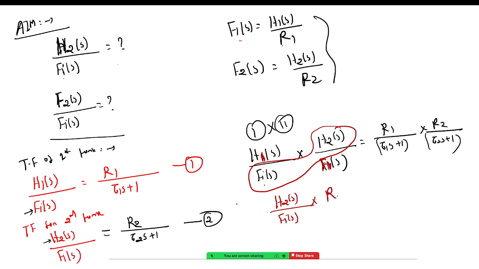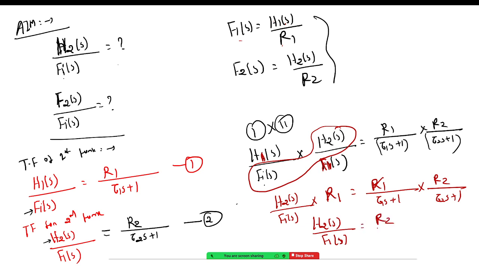So can I write this one is your R1, that is equal to R1 divided by tau 1s plus 1 into R2 divided by tau 2s plus 1. So this R1 and R1 will get cancelled out. So finally you will get the value H2s divided by F1s, that is equal to R2 divided by tau 2s plus 1.